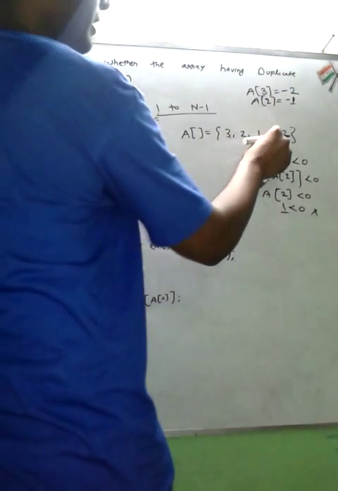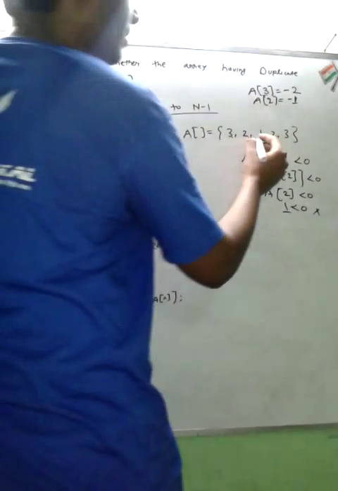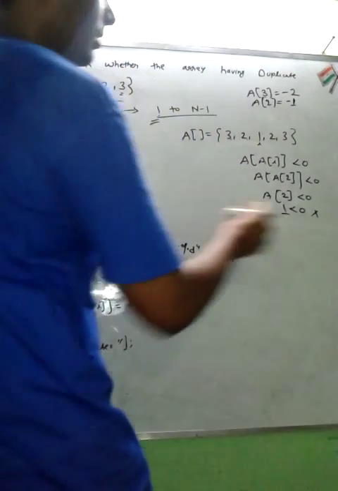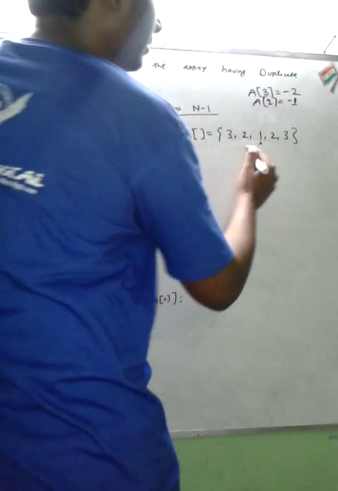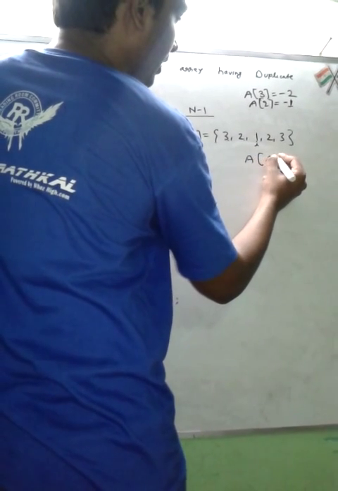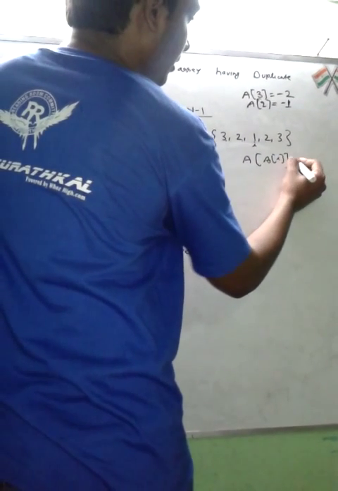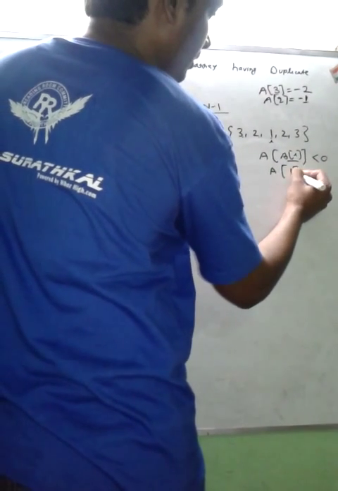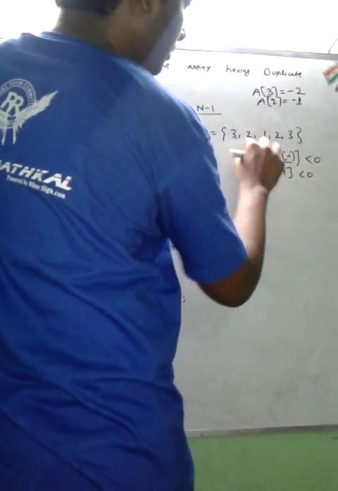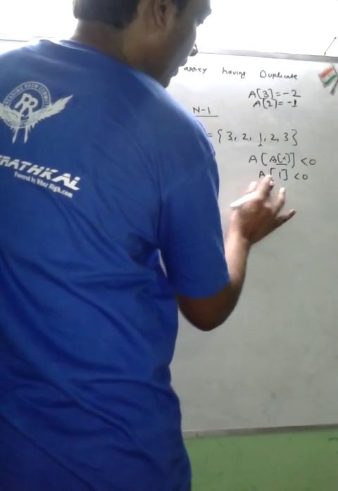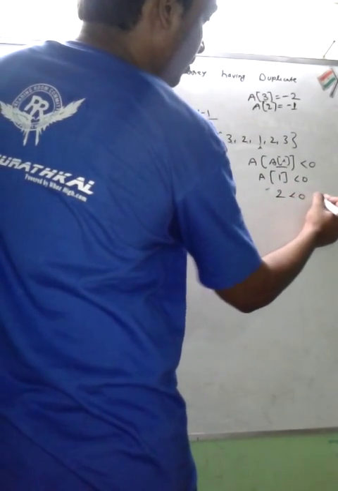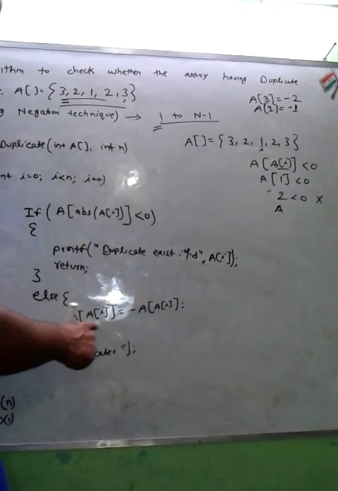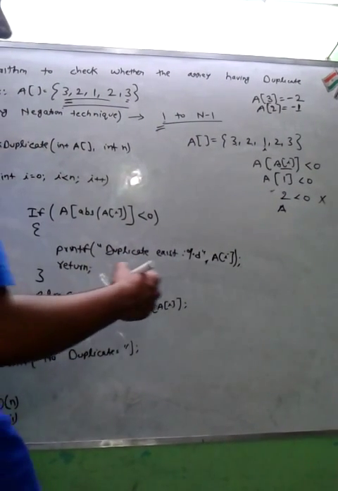Again we will increment the i, this time pointing to 1. Again we will check the condition a[i] less than 0, so a[i] means 1, a[1] means 2. Is it less than 0? No, so we will go into the else part and we will make it negative.